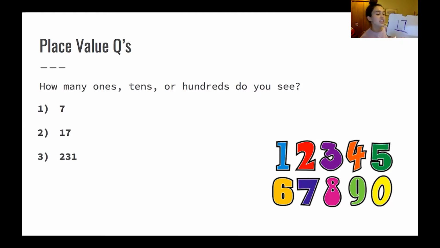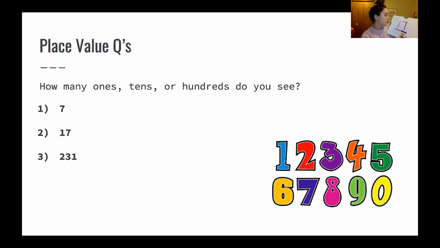If we have 2 digits, we at least have tens, because the left place value here is our place value for tens. So how many groups of 10 do we have? One group of 10. And let's look at this place value for our ones. How many ones do we have?